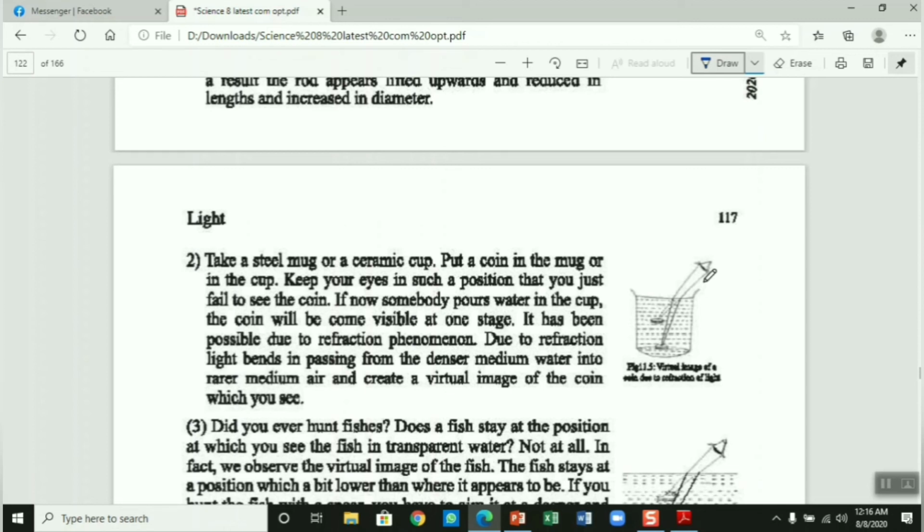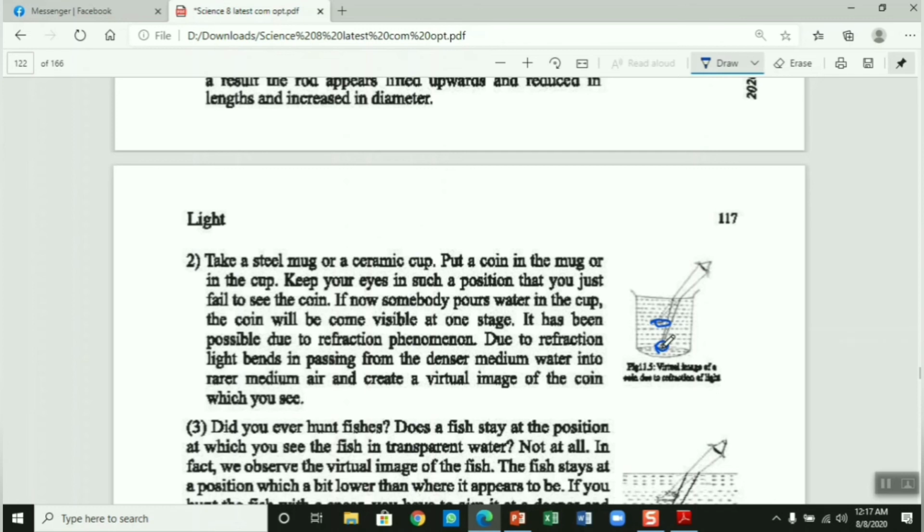It's not funny at all actually. So you have to keep in mind our eyes cannot see in a zigzag way. That's why our eyes create a straight line, join them, and observe the object over there. That's why the object looks a bit higher, and we cannot see it in its original position. So this is the apparent position and this is the original position. Actually, if you place your hand here, you will not get the coin.